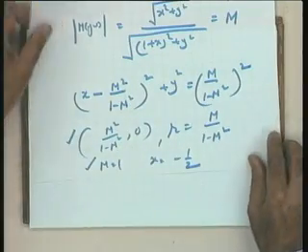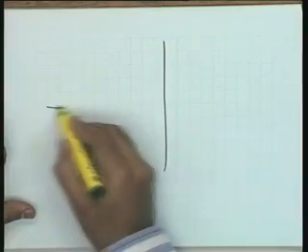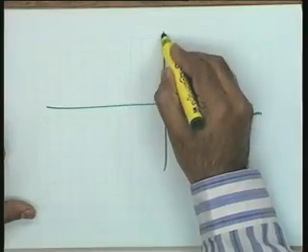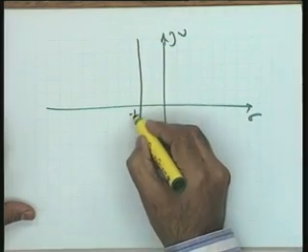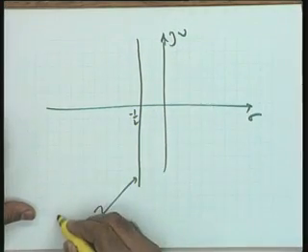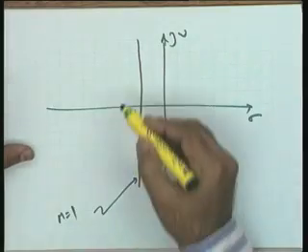This way I am able to get, for different values of M, the plot of this particular equation, which can be represented in the complex plane like this, sigma j omega. Let me first draw minus half here; this case corresponds to M equal to 1.